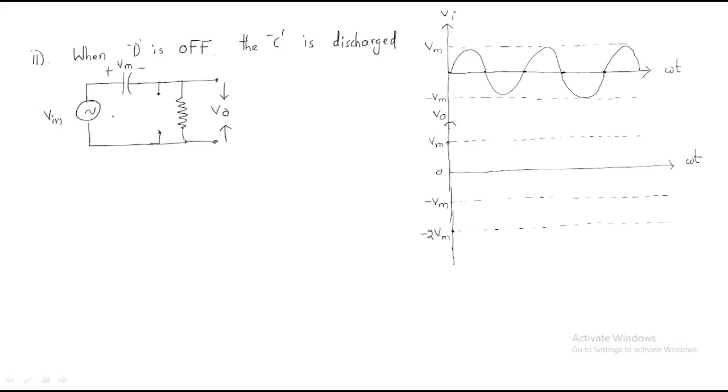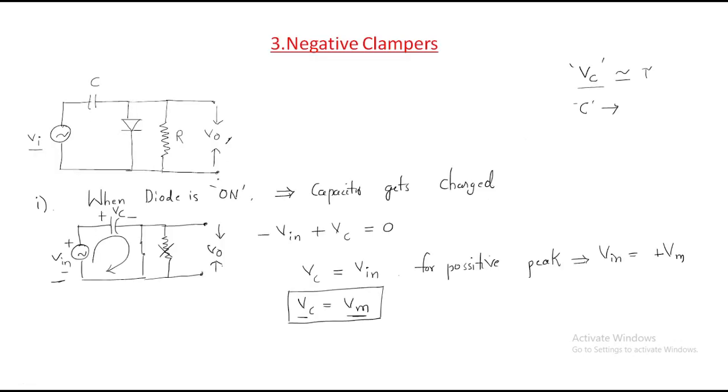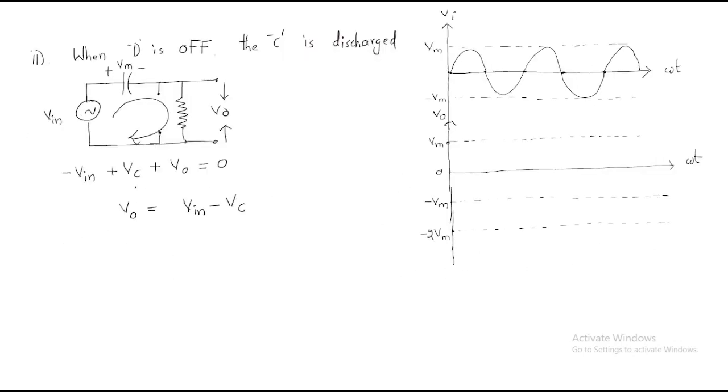Now we will write the loop equation. The loop equation is, with this capacitor supply, minus V in plus Vc plus V naught equals 0. Then the output voltage equals V input minus capacitor voltage Vc. But what is the value of Vc? Vc value is Vm.